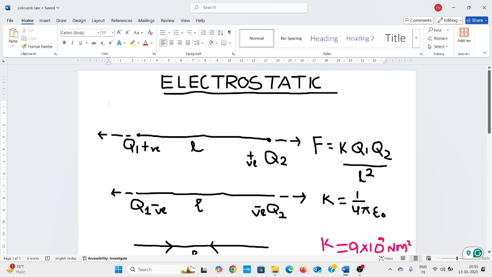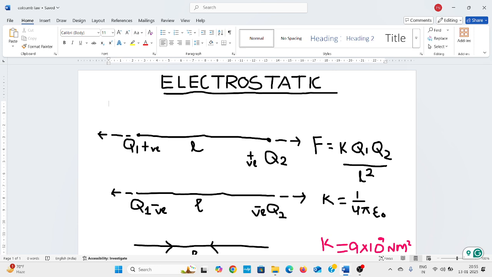Okay, first we have to go through the concept. If these two point charges Q1 and Q2 are positive charges, the force between them is repulsive and it will be outward.